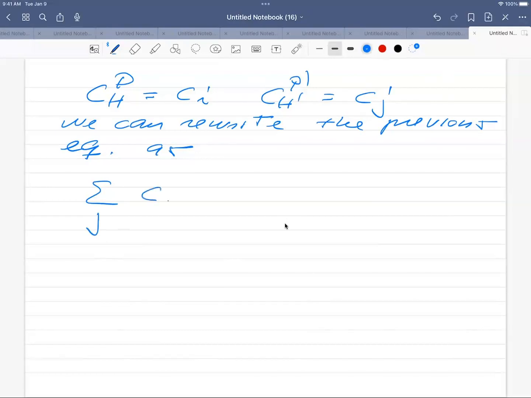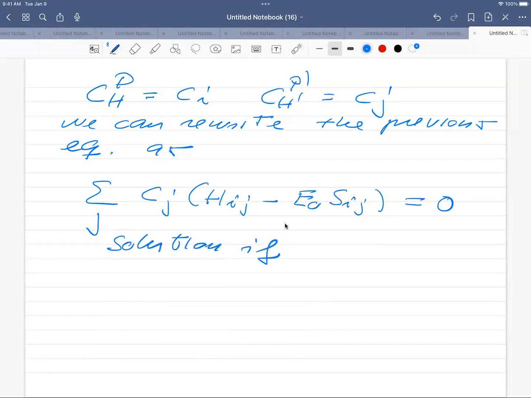I'm getting C_J here, and I have my H_ij minus this E0 multiplied with this S_ij, and we want this to be 0. And we know that that problem has a solution if the determinant of H minus E0 times this S is equal to 0. So we know that this has a solution.